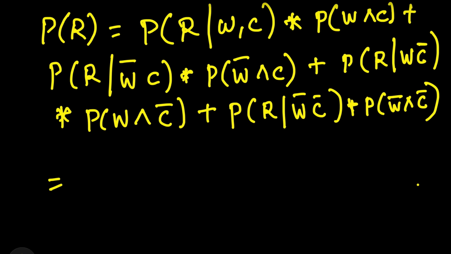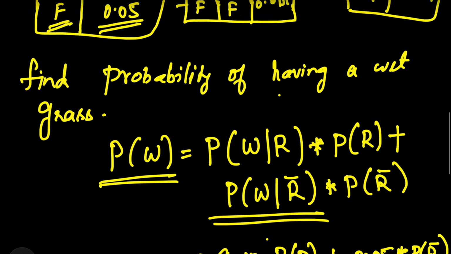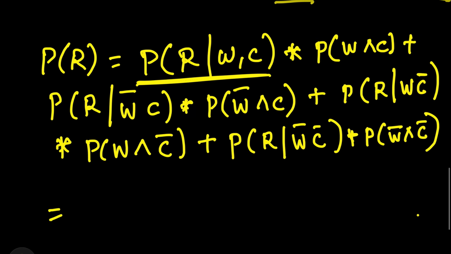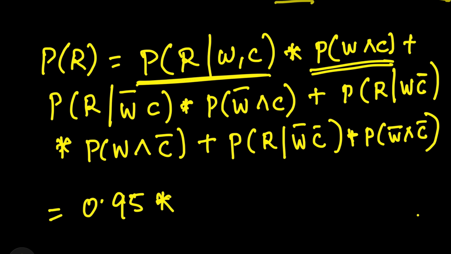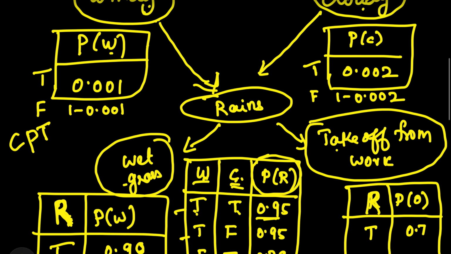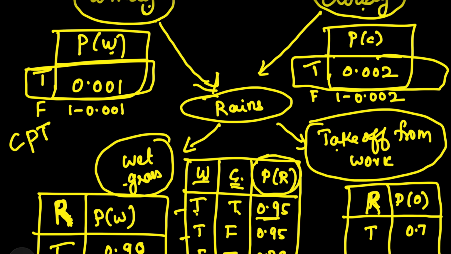Now let me take R given W comma C. So W is true, C is true. What is the probability? It is 0.95. So we can take 0.95 into the probability of W and C. W is true, C is true. When we take the probability of W is true, here we have the value, and the probability of C equals true value is here. So we can take 0.001 and 0.002.